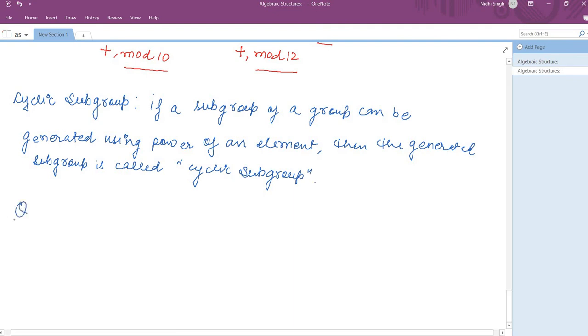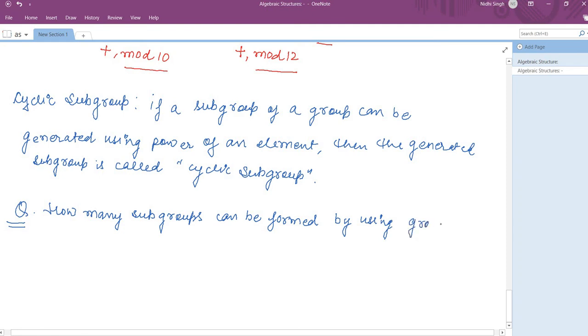So let me explain one question such that you can better understand how to generate the cyclic subgroups from a group by using the power of an element. So the question is, how many subgroups can be formed by using group G equal to, we have set of residuals Z6 and the operation is addition.